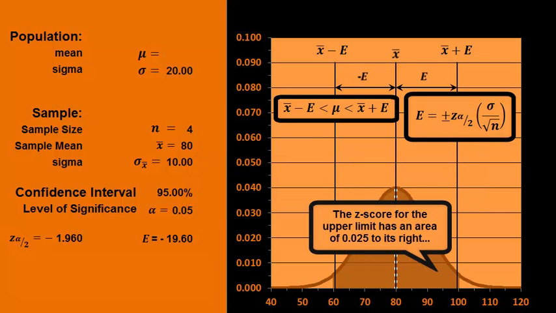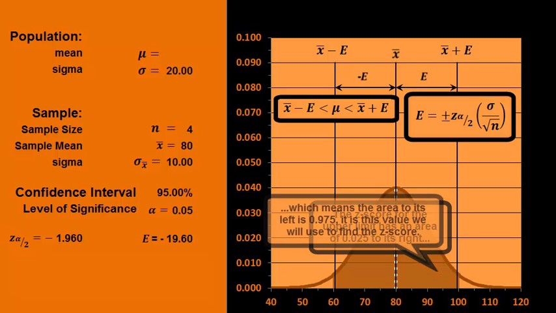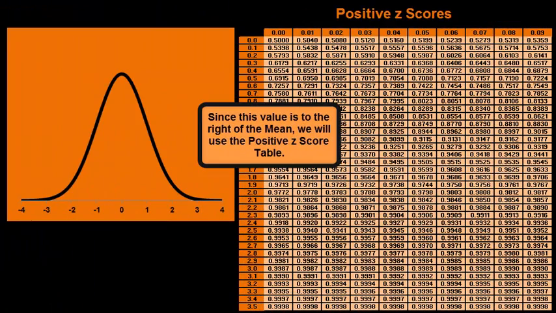The z-score for the upper limit has an area of 0.025 to its right, which means the area to its left is 0.975. It is the value we will use to find the z-score. Since this value is to the right of the mean, we will use the positive z-score table.